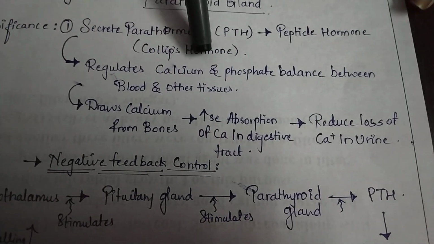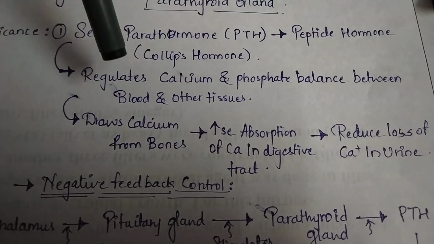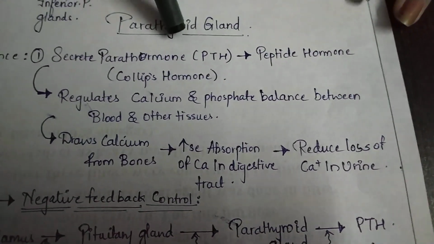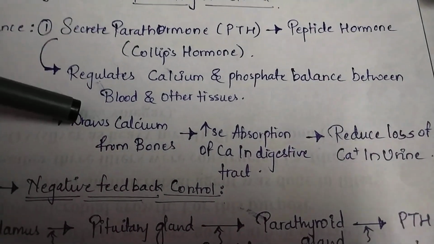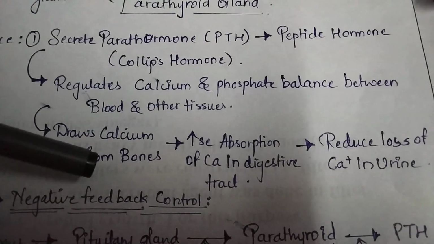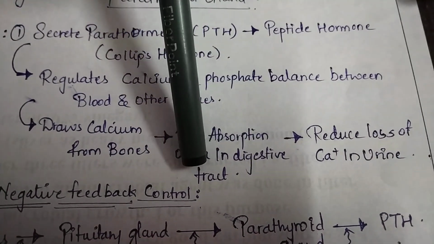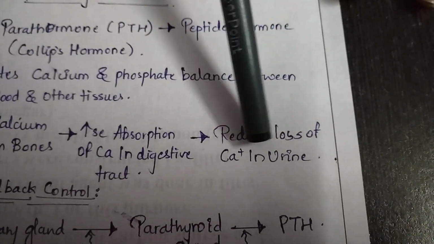So the amount of calcium and the amount of phosphate inside the bone is basically regulated by your PTH. The mechanism behind it is, it draws calcium from the bone, and because of that it increases the absorption of calcium in the digestive tract, and eventually it reduces the loss of calcium in the urine.